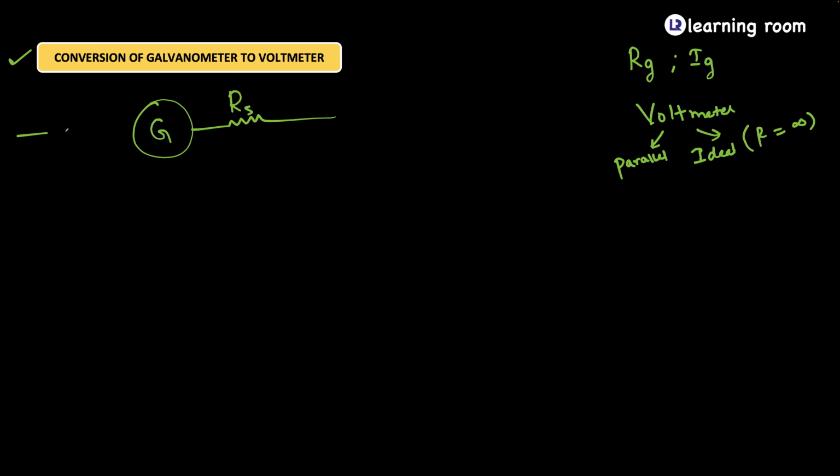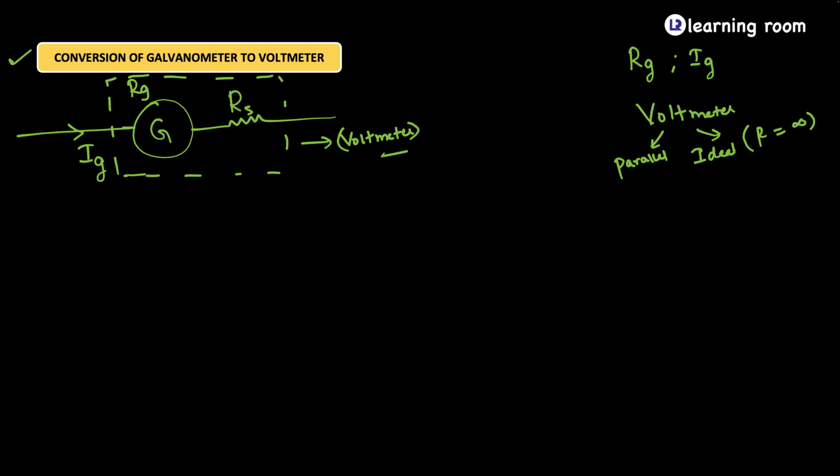So this is going to be the galvanometer's resistance. And what should be the current through this series network? The current through the series network is supposed to be Ig. And this whole device put together, the galvanometer plus the series resistance, is called a voltmeter. Is the point clear? This is what is called a voltmeter.